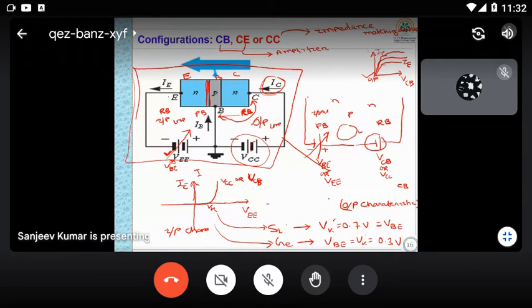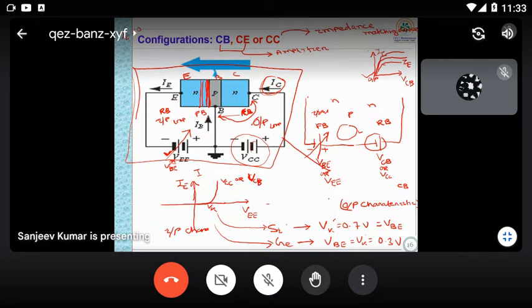If I am doing reverse bias, the depletion region will be more, na? So only leakage current or minority current will be there. So IE is equal to 0.